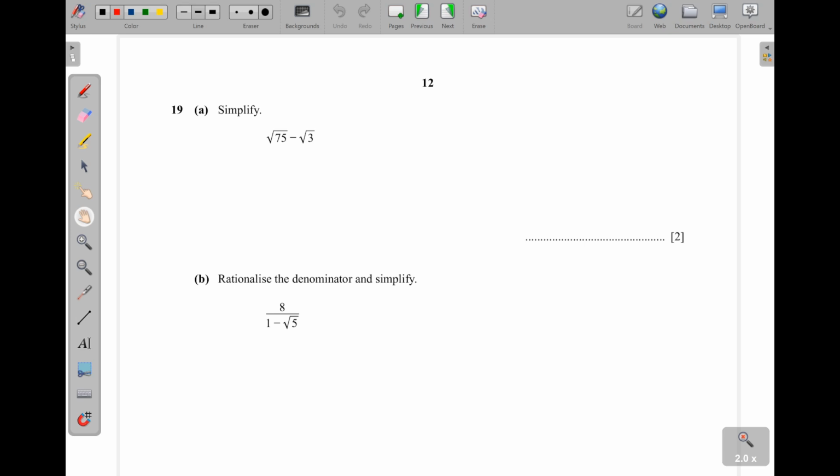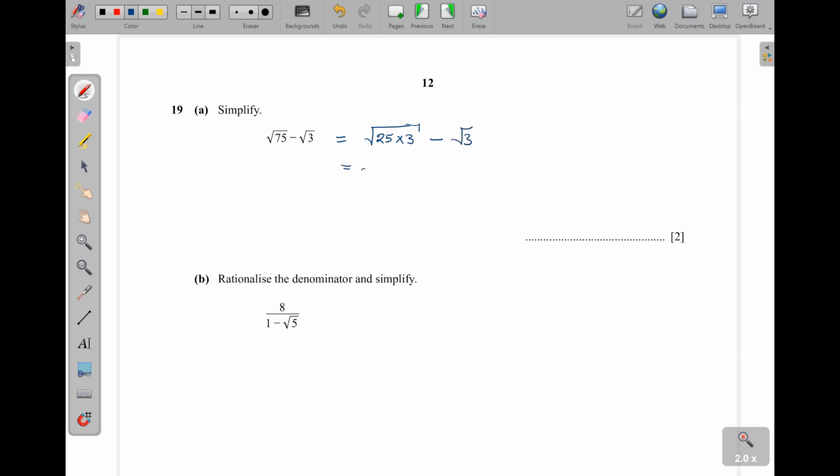So 75. But when you look at what is given here, there is a 3. That means there has to be a 3 in here. So 75 divided by 3 gives you 25. Now, you will say that this one is 25 times 3, and you can see that 25 is a square number. Then root of 3.